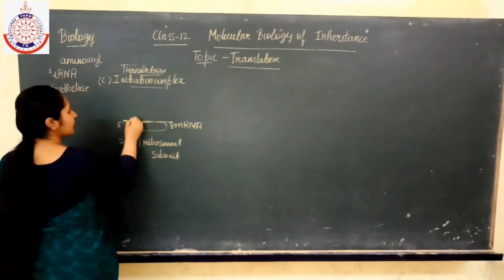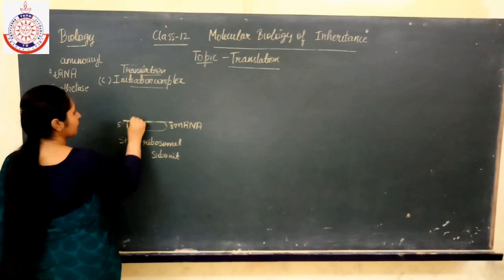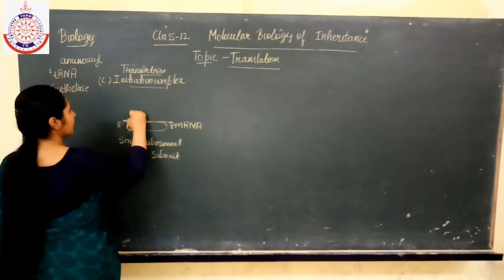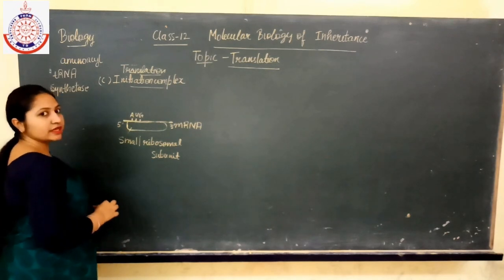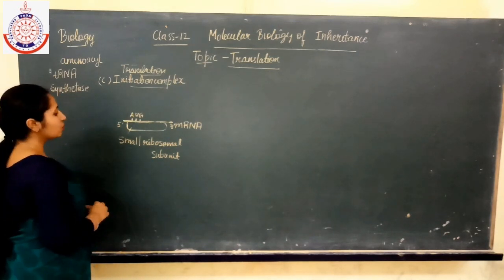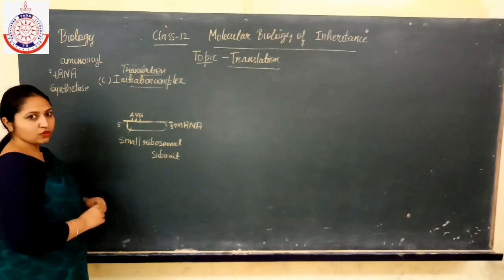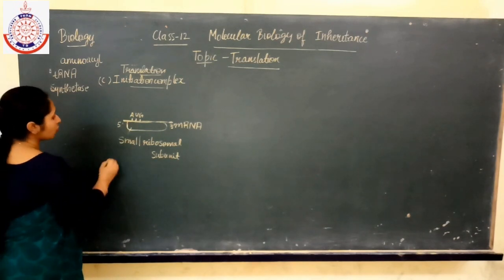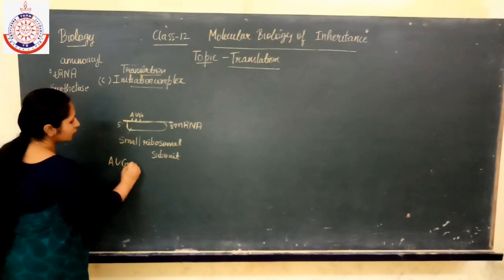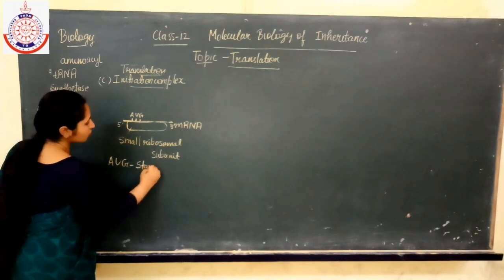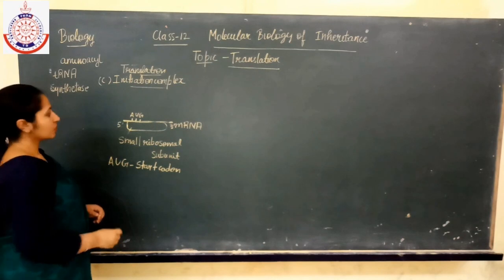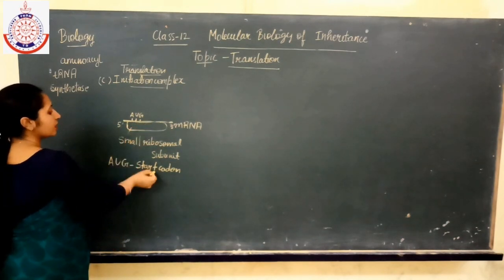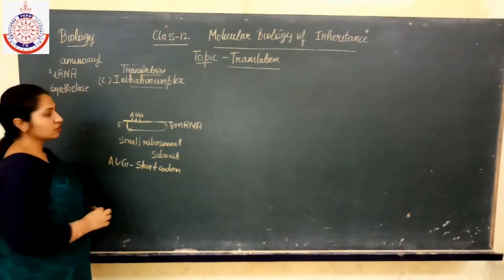Now this mRNA has the AUG codon, and AUG is also known as the start codon.